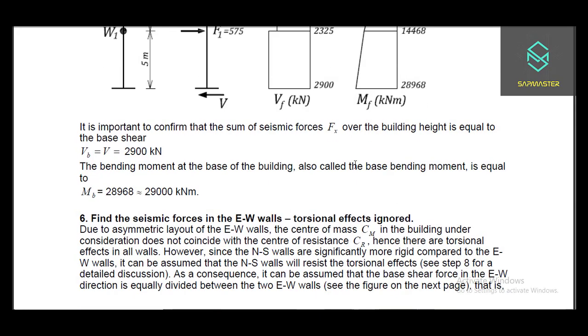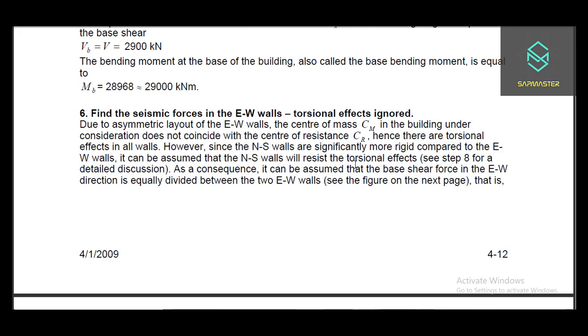Okay, now it's time to find the seismic force in the east-west walls. As you can see here, I have mentioned, due to the asymmetric layout of the east-west walls, the center of mass, which is called Cm, in the building under consideration does not coincide with the center of resistance.